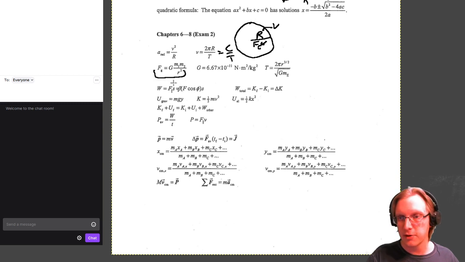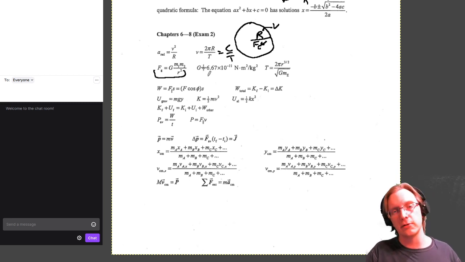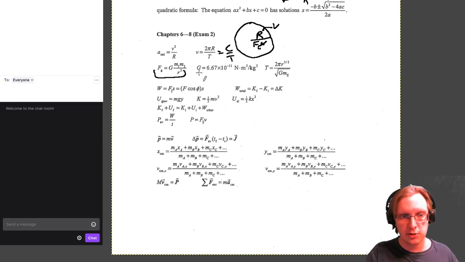This is the force of gravity. We have mass 1 and mass 2, and then Newton's constant provided here, divided by r squared, where r is the distance from the center of the planet you're going around to the orbit in question.